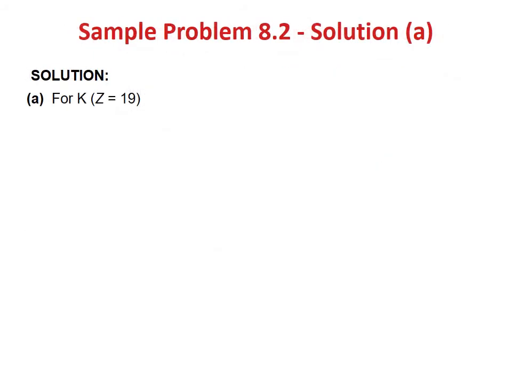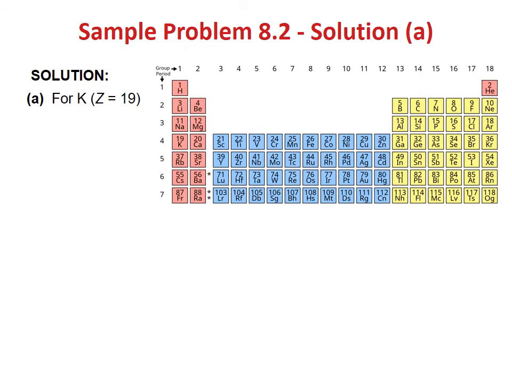Let's look at A, potassium. So here is a periodic table. It's a simplified version. And we find potassium right here, atomic number 19, so 19 electrons. To write the full electron configuration, we look at the periodic table. So start from hydrogen to helium, that's 1s, 2 electrons. Lithium to beryllium, 2s, 2 electrons.